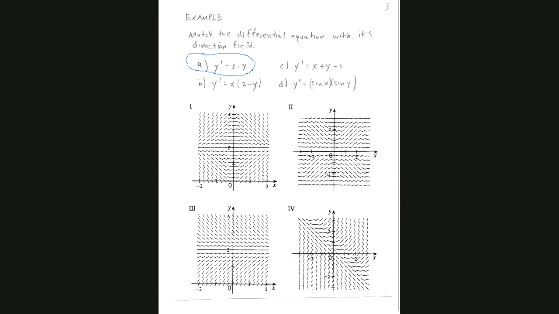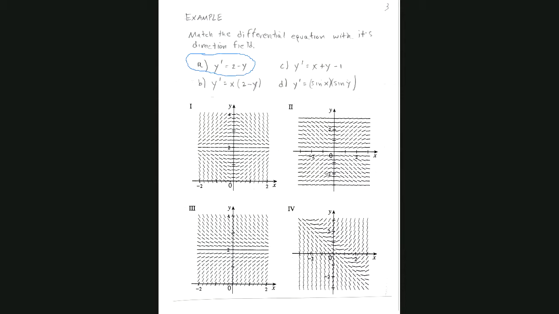Good. So that means that along the horizontal line y equals 2, for this differential equation, y prime equals 2 minus y, the direction field along that horizontal line has flat slopes, because along y equals 2, y prime equals 0.